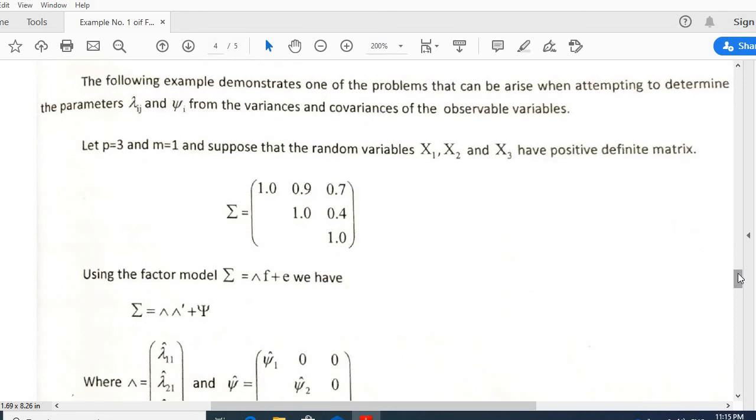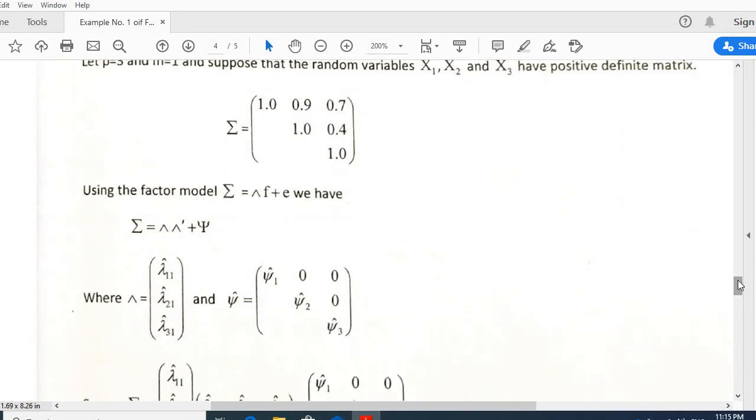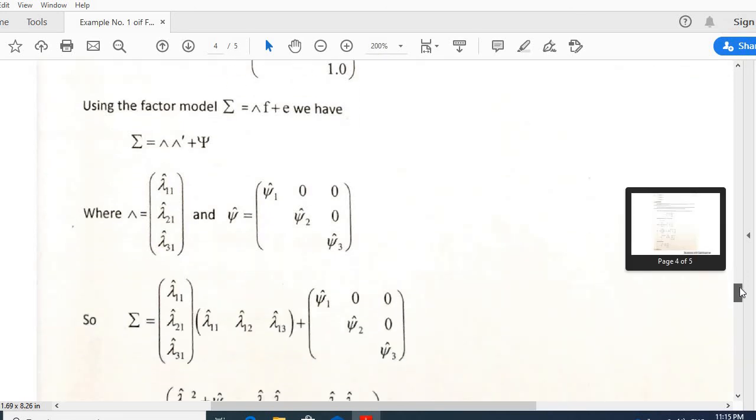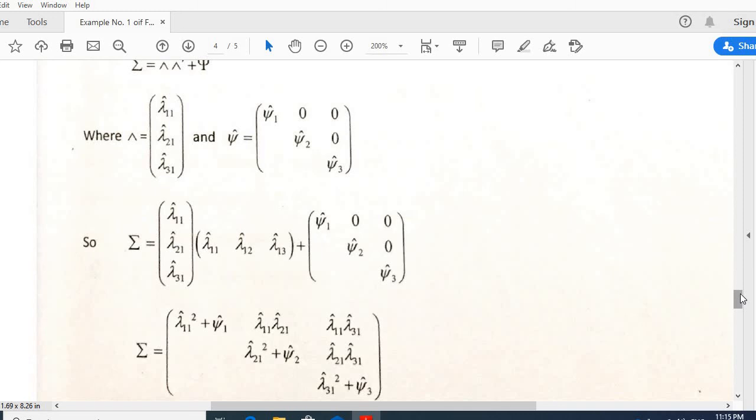Using the factor model, Sigma is equal to capital Lambda capital Lambda hat plus Psi, where capital Lambda is a column vector lambda 1 1 hat, lambda 2 1 hat, lambda 3 1 hat, and Psi hat is equal to psi 1 hat, 0, 0, psi 2 hat, 0, and psi 3 hat. Sigma may be written in this form. After solving, we have obtained the variance covariance matrix.